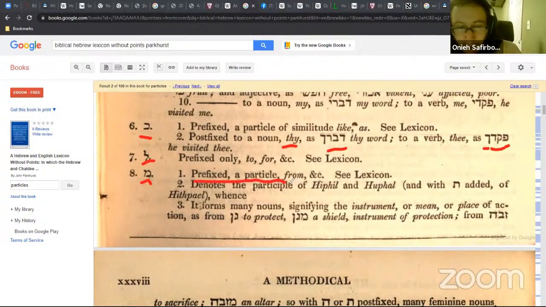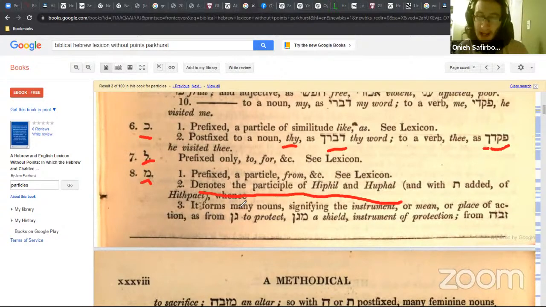Like I said, it means from. When you add it to a noun, it can also make it into a participle, a causative. So for participles, you don't add hey. Instead, you add mem to make it a participle.